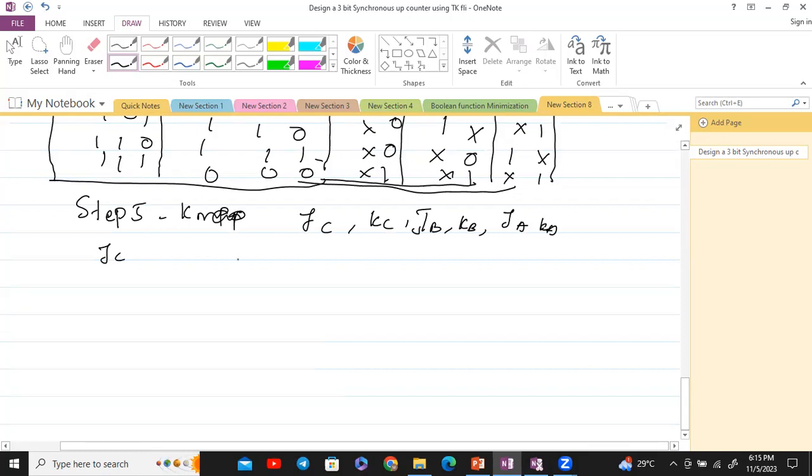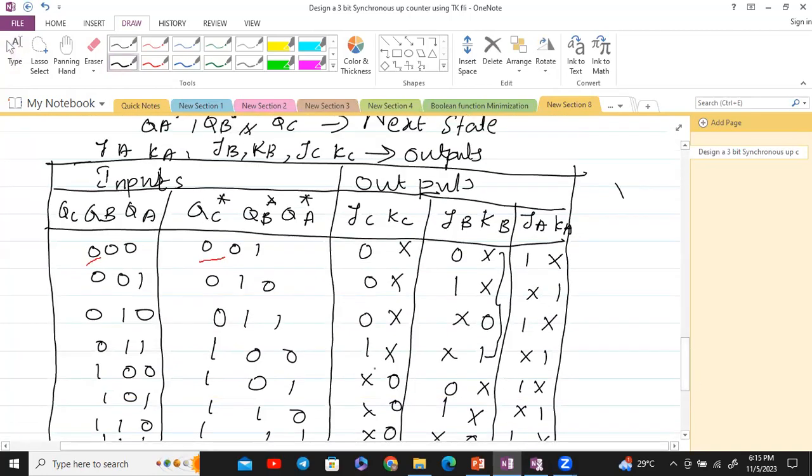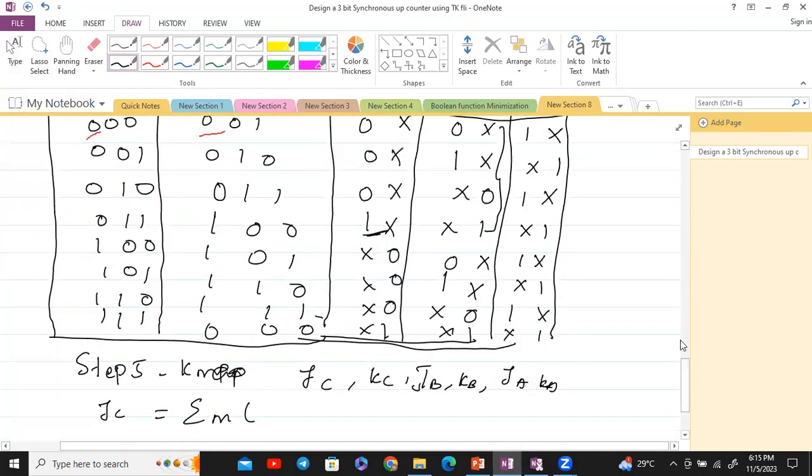First you have to write the min terms corresponding to this. What are the min terms corresponding to the value which you are having? You are having 1 for 0 1 1. 0 1 1 corresponds to 3. And you have only 1 for the 0 1 1.